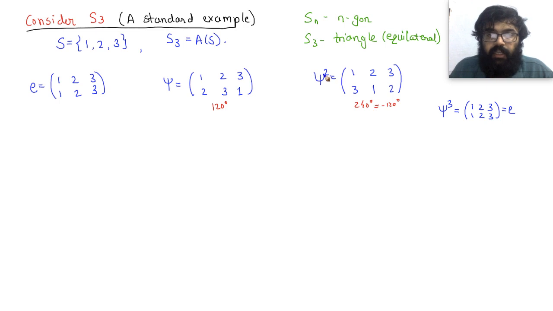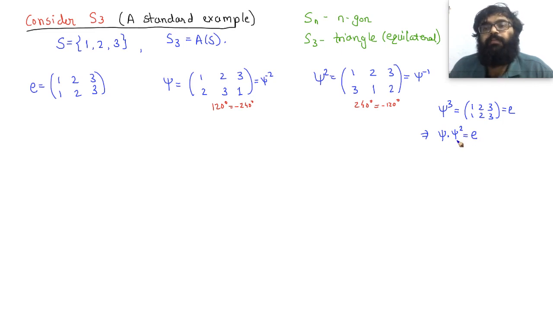That means psi square is the same as psi inverse, and this will be the same as minus 240 degree rotation, so psi raised to minus 2. That is true because psi cube is identity. So psi cube is identity, this means psi square times psi is identity. So the inverse of psi is psi square.